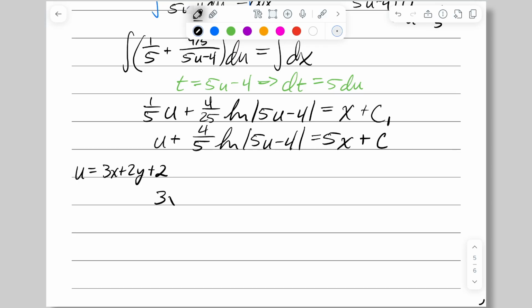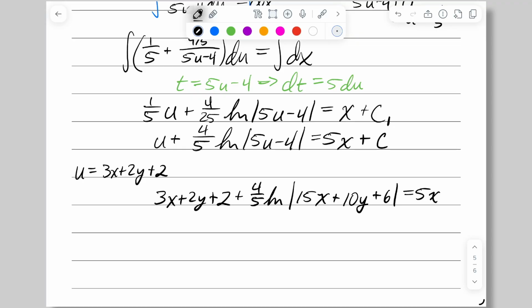So we have 3x + 2y + 2 + 4/5 times the natural log of the absolute value of 15x + 10y + 10 - 4, inside there is going to be a plus 6. The right-hand side remains unchanged, 5x + c.